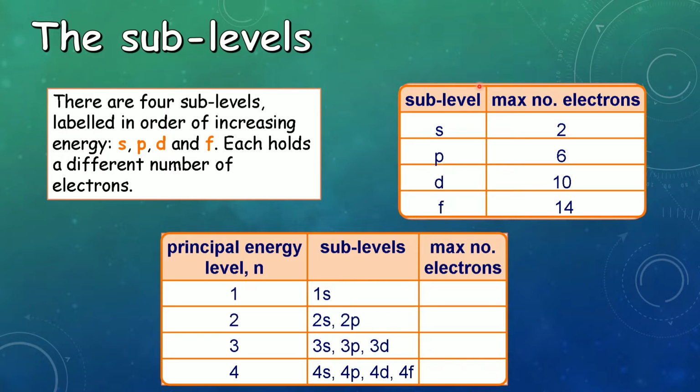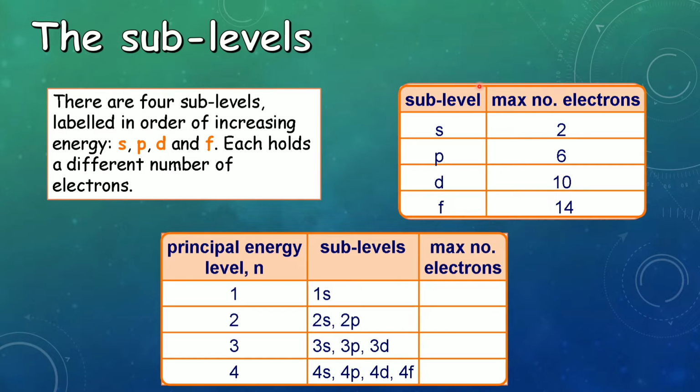For energy level number 3, the sub-levels are S, P, and D. Again, we write the principal energy level so that we can identify which energy level they belong to. So in principal energy level number 3, the sub-levels are 3S, 3P, and 3D. For principal energy level number 4, the sub-levels are 4S, 4P, 4D, and 4F. For principal energy level number 5, we have 5S, 5P, 5D, and 5F.